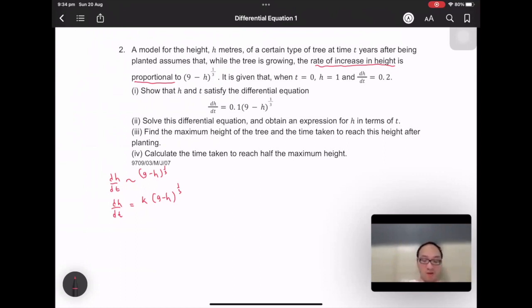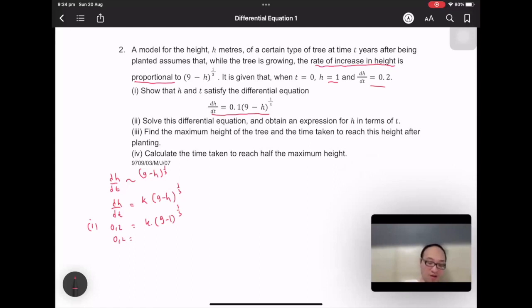Now we have to show that the differential equation will be in this form. So we can replace the information first: when h equals 1, dh/dt is equal to 0.2. So 0.2 equals k times (9 minus 1) to the power of 1/3.